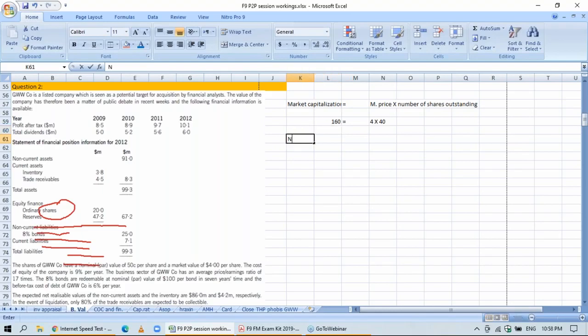So how did I get the number of shares? So number of shares has been calculated as follows. There were 20 million ordinary shares as per question. 20 million ordinary shares, and the face value of each share is 50 cents.